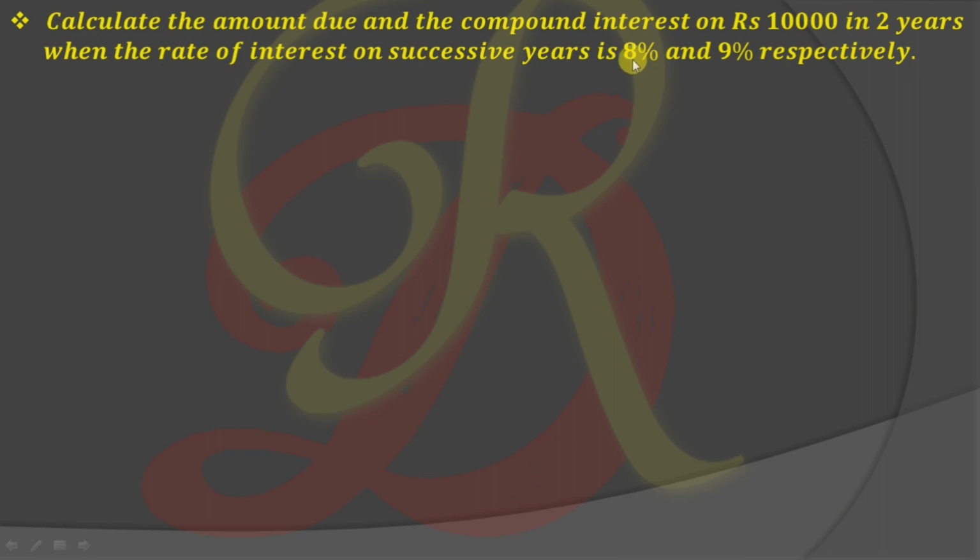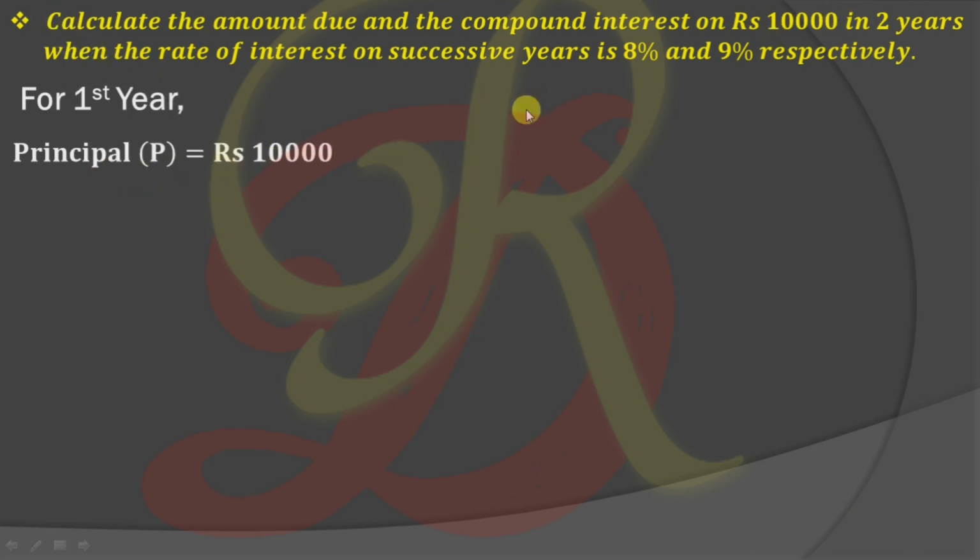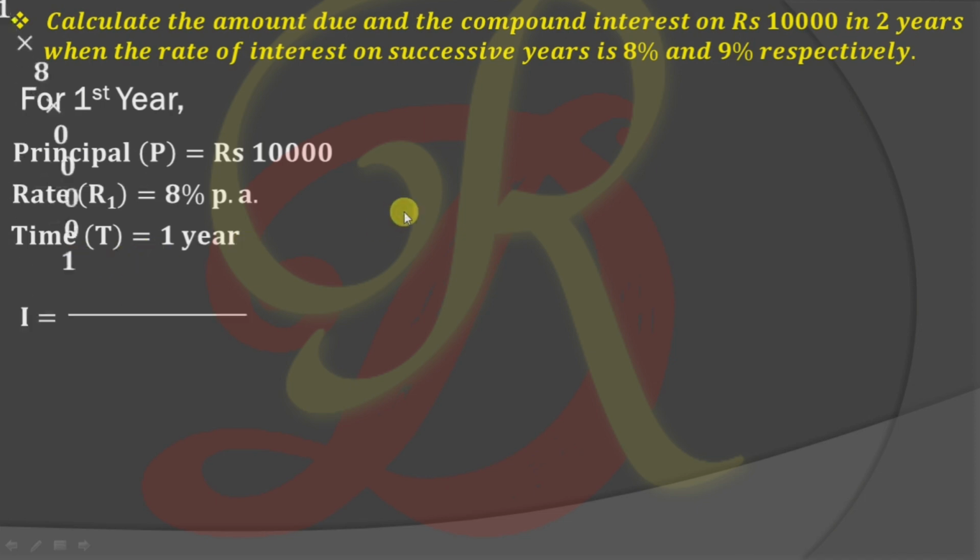For the first year it's 8% and for the second year it's 9%, but we will follow the same step. For first year, principal is equals to rupees 10,000, rate denoted by R1 because we have two different rates. So R1 is equals to 8% per annum, time is equals to 1 year.